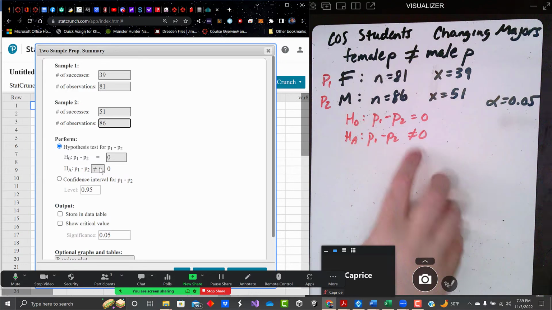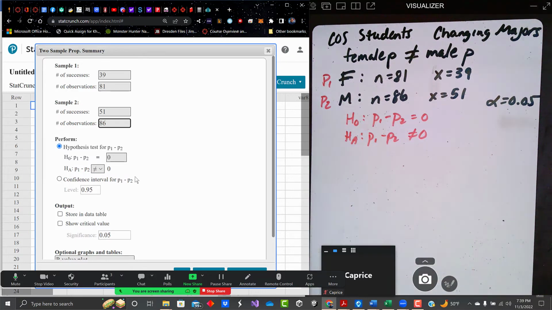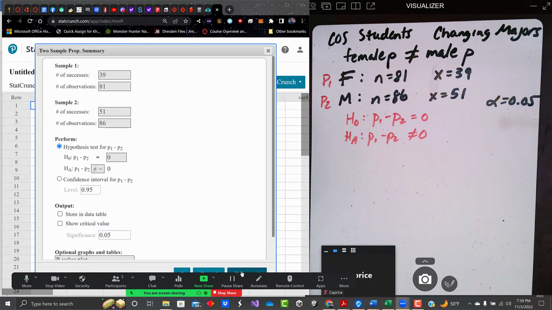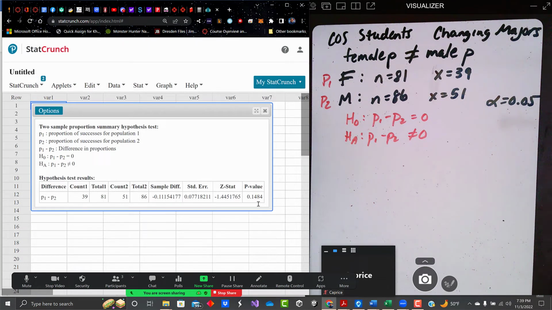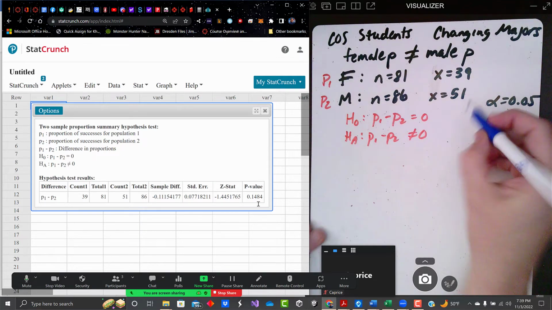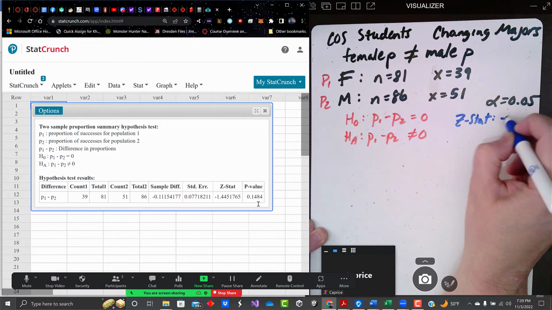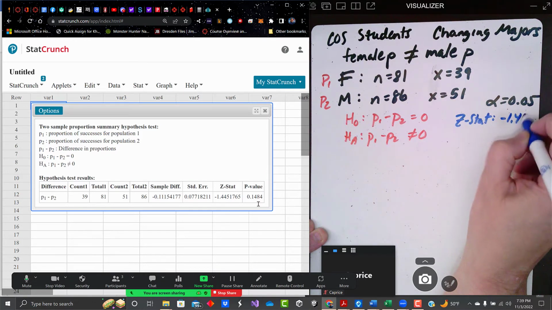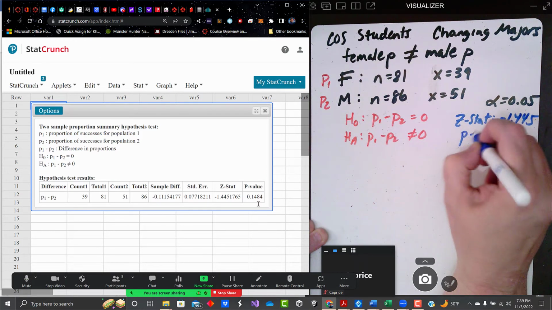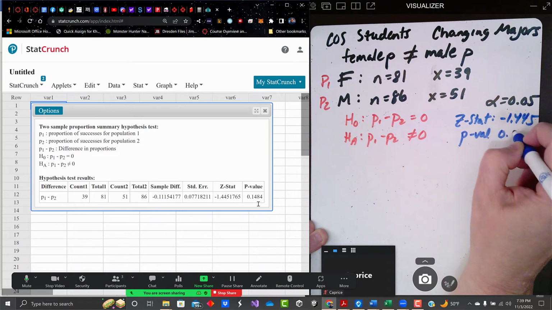We are doing the not equals version, so it's good to go as is. So I'll click compute, and I get my z-stat, negative 1.445. And my p-value is 0.1484.